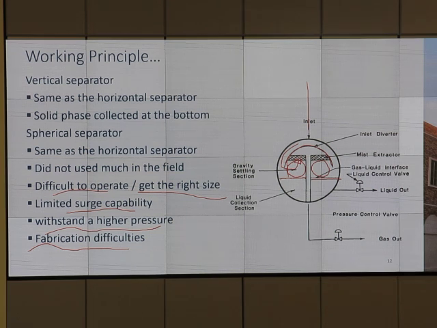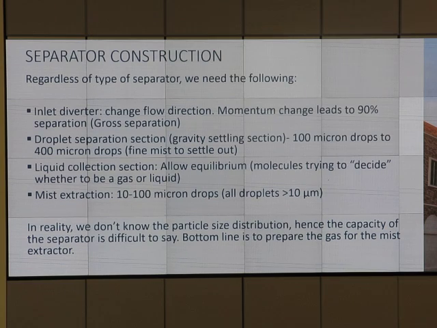It goes through the mist extractor, which extracts any mist left behind, and then goes to the gas outlet at the bottom, and we have a liquid outlet at the bottom too. That is what is happening inside. But we don't use that much. What you will see is just vertical or horizontal.